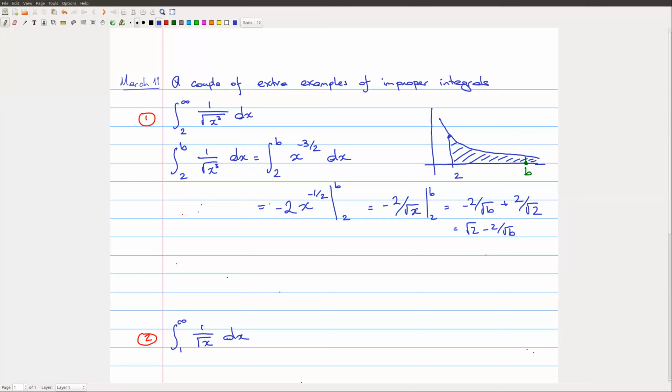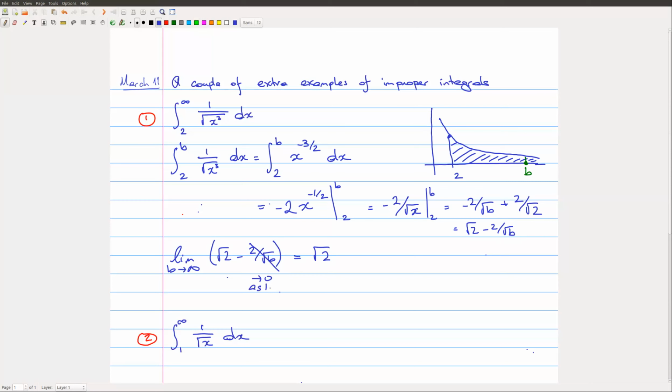To figure out whether the improper integral converges or not, we have to look at the limit as b goes to infinity of this expression, root 2 minus 2 over root b. So we have to ask ourselves what happens to that as b goes to infinity. Root 2 doesn't do anything, it's just a constant. And the 2 over root b part, well, as b goes to infinity, root b is going to infinity, so this part is heading to 0.